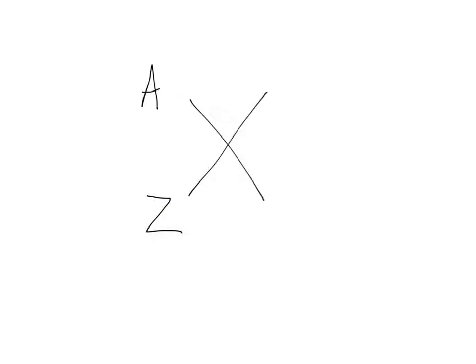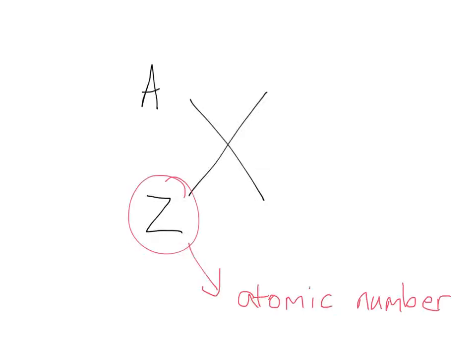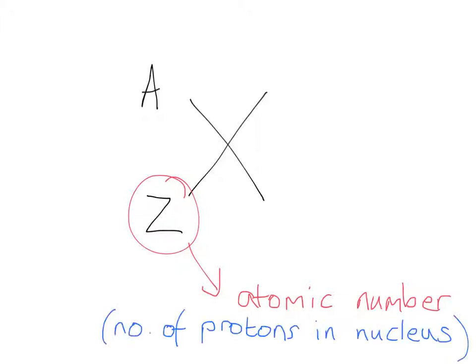We can describe an isotope using two different numbers. The first is the atomic number, also called the proton number. As you've probably guessed from the name, the atomic number or the proton number represents the number of protons in the nucleus. The second number is the mass number, also called the nucleon number.